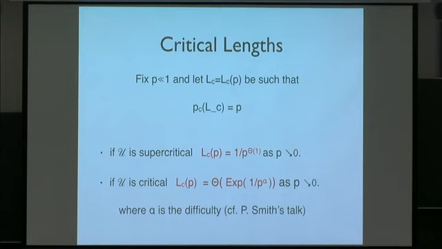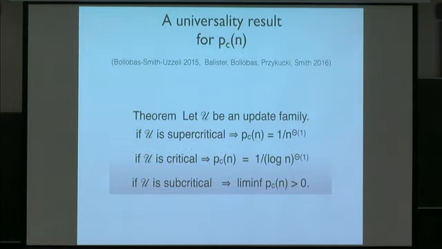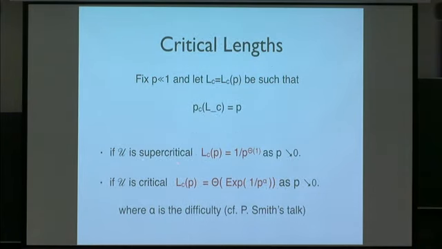Then another way to formulate the first two lines of this theorem is that if the system is supercritical, then this critical length scale behaves like the inverse of a polynomial of p when p goes to 0. And if instead it is critical, then it behaves like an exponential of 1 over p to a power.